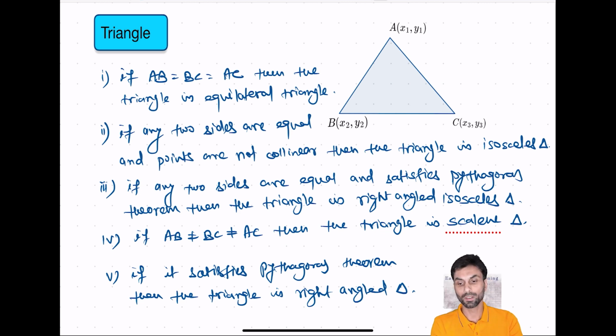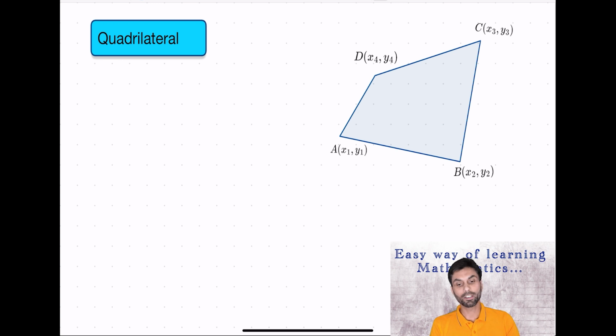Moving to the quadrilateral part, suppose we have been given four vertices whose coordinates are x1, y1, x2, y2, x3, y3 and x4, y4, and we have to find out what type of quadrilateral it is. So mainly here there will be four types: parallelogram, rectangle, rhombus and square.